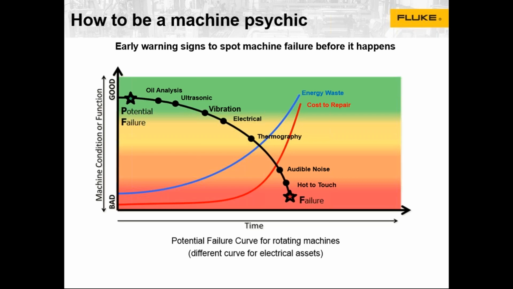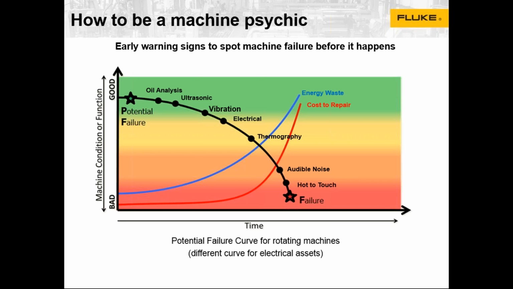The other problem is energy waste. If we wait till it's too far down in the failure curve, the machine is starting to wear out and it's running badly, and our energy use is exponentially higher. So what we've learned from this curve over the years is we want to find out up in the green when a machine first starts to have indications of problems.